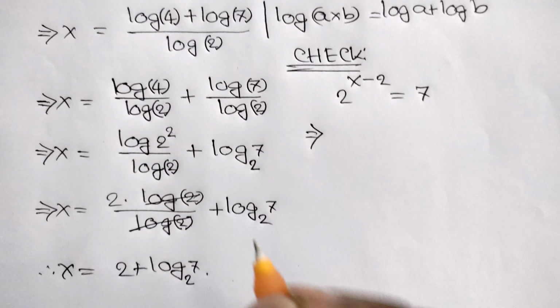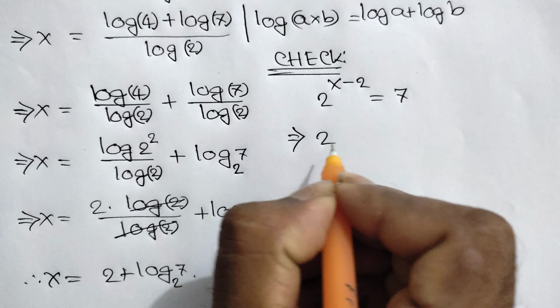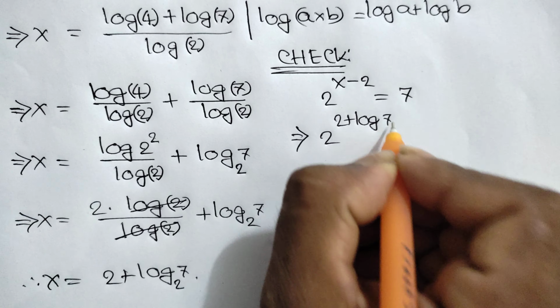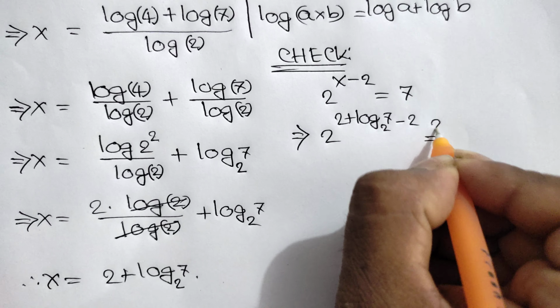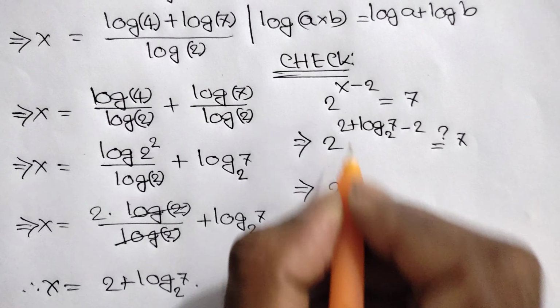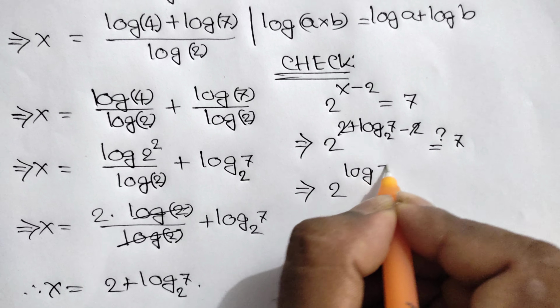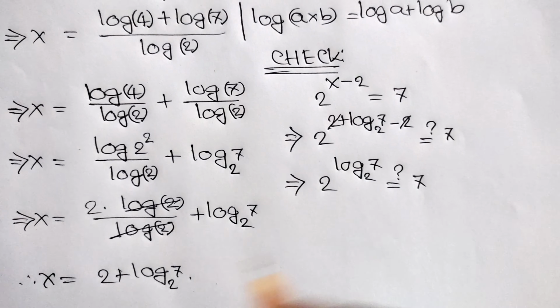Here x is equal to 2 plus log of 7 base 2, so we can write 2 to the power 2 plus log of 7 base 2 minus 2, is it equal to 7? Or 2 to the power, this 2 cancels this 2, so here we will get 2 to the power log of 7 base 2, is it equal to 7?